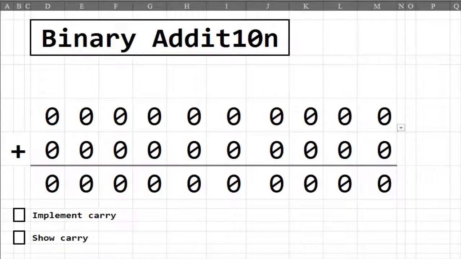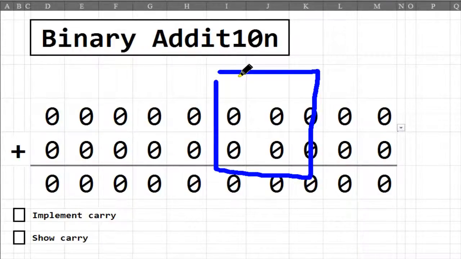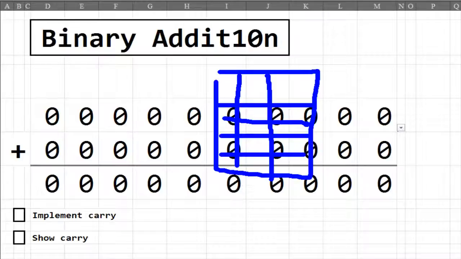With a truth table, we have 3 columns, many rows. The first column is your A input. The second column is your B input.